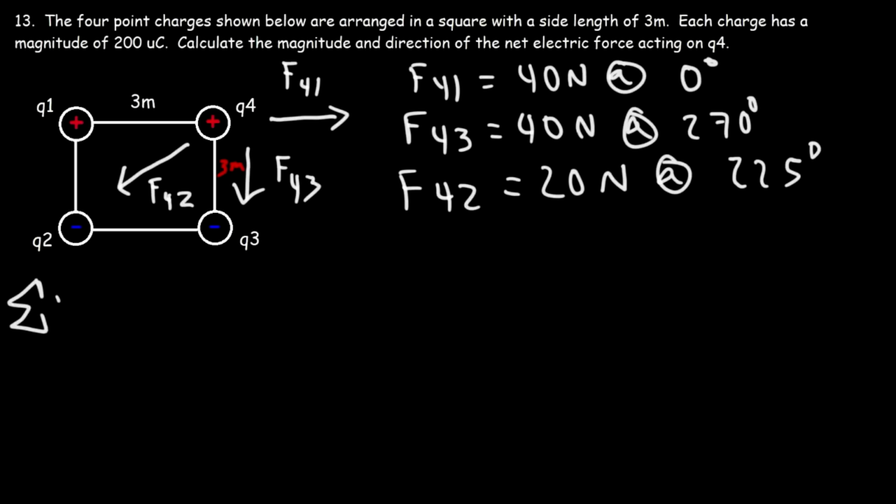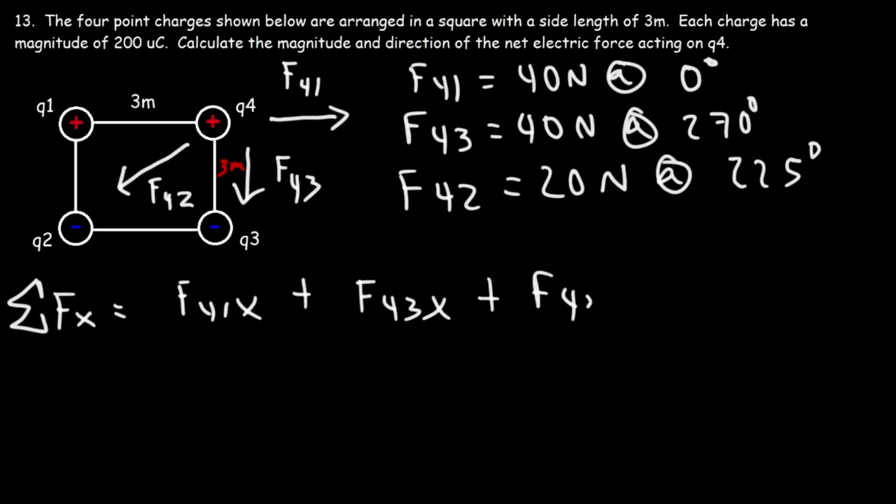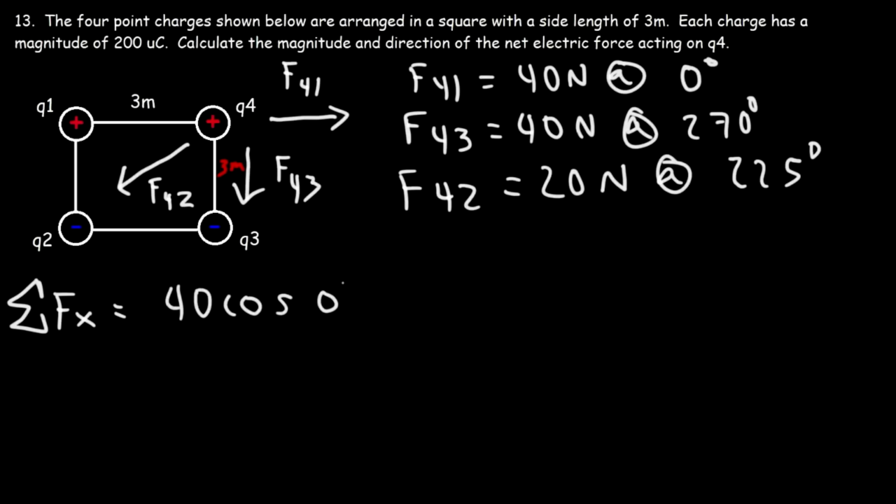So the sum of all the forces in the x direction is going to be basically F41x plus F43x plus F42x. F41x is going to be 40 cosine 0. F43x, that's going to be 40 cosine 270.